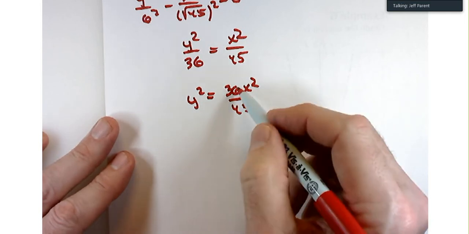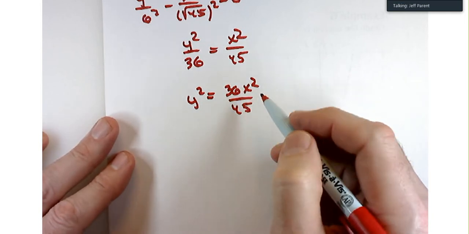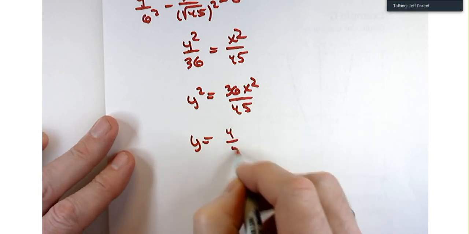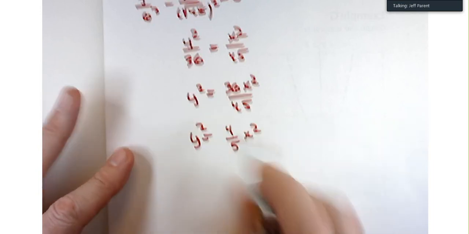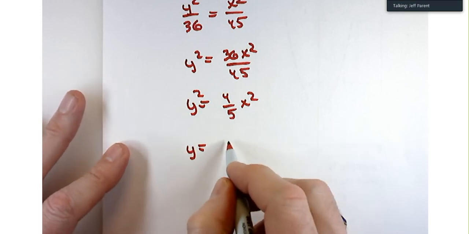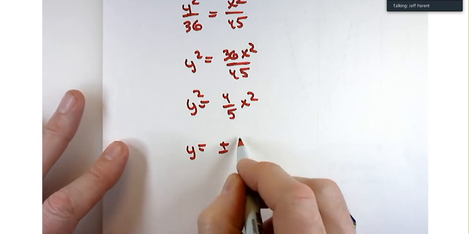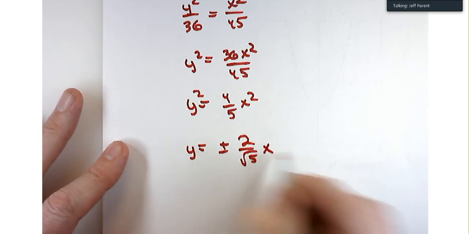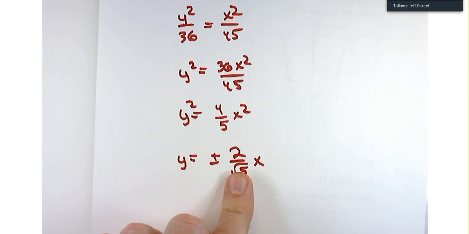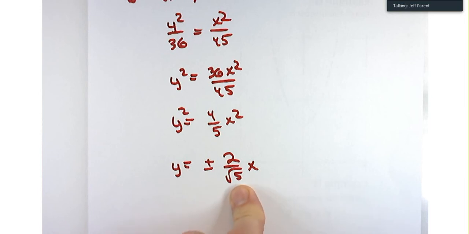Let's see. 9 goes into each of those, right? So that would be y squared equals 4 over 5 times x squared. And when I take the square root on both sides, I end up with plus or minus 2 over the square root of 5 times x. That's going to be the equations of your asymptotes. So if you actually look back at your graph and wanted to find those asymptotes or plot them, there you go. That would be that.